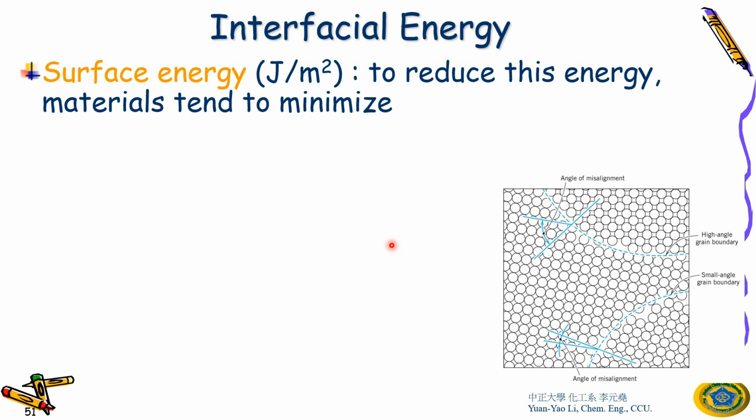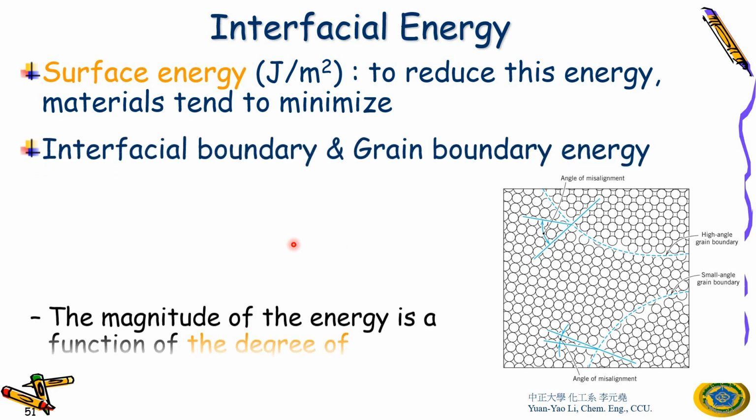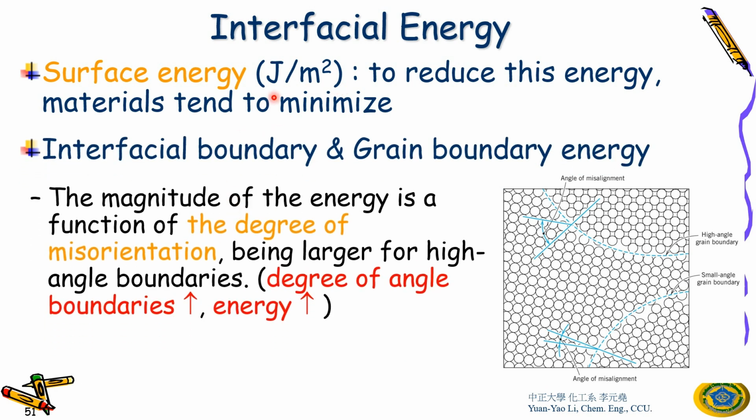Energy of interfacial defects, compared to the surface energy in the surface, will interfacial defects be lower or higher? Will be lower, right? Okay, so for the surface energy, to reduce this energy, materials tend to minimize.